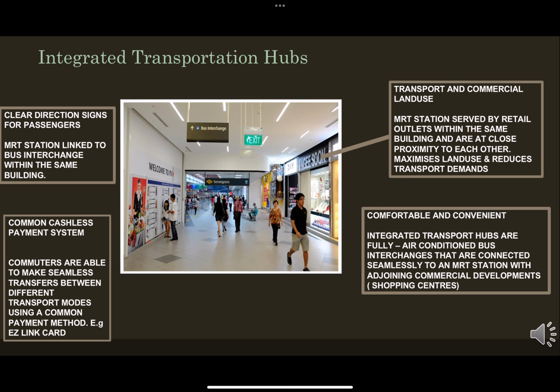And lastly, we talk about the comfort and convenience that is accorded to transport users, public transport users, because these integrated transport hubs are fully air conditioned. Okay, and they are connected, of course, seamlessly to an MRT station.